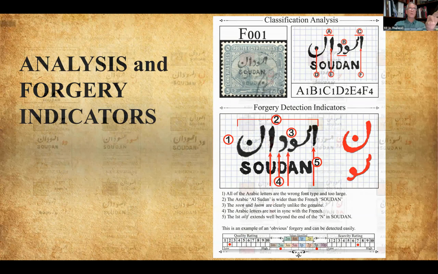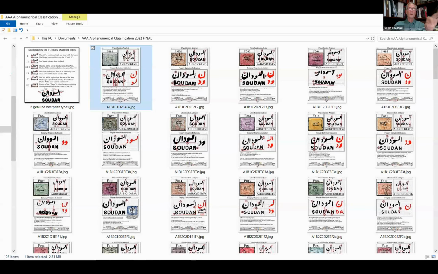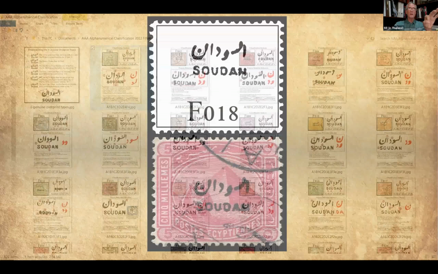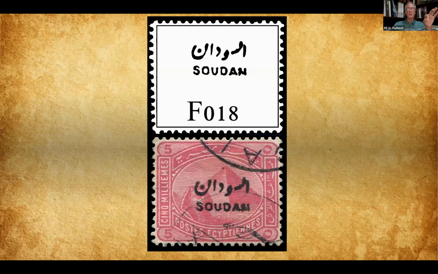All 110 of my forgeries have that same information. For those who simply wish to compare their suspected forgery with known forgeries, a simple photo of each is provided in my study. A short label has been provided, with F standing for forgery and the number reflecting the numerical order of the classification label.